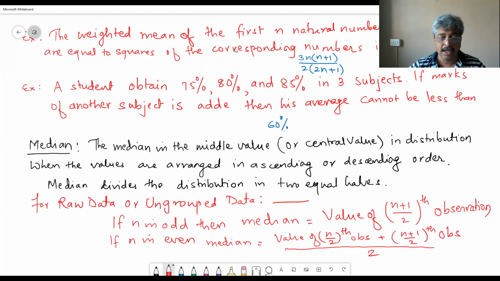It is practically the average of the two middle ones, because if there are even number of observations, then there will be two middle ones. There will not be one middle, but two middle. Take average of that.